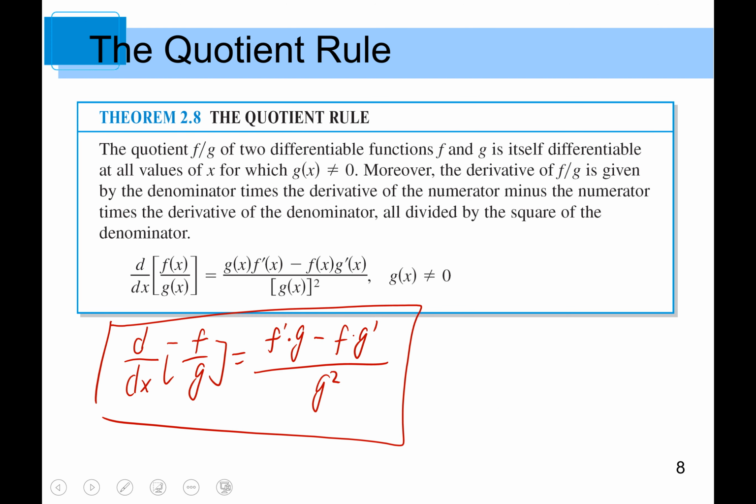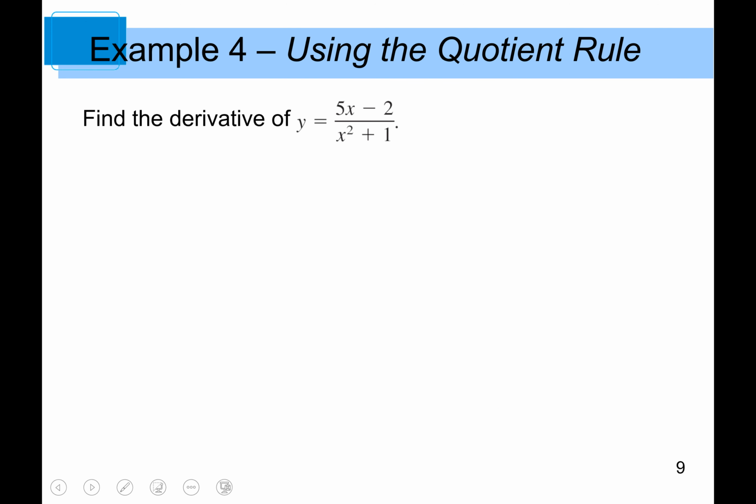So let's use this to solve one of the problems using the quotient rule. As you can see, the power rule is everywhere, so make sure you can apply the power rule properly because it's very, very important. Okay, so here we assume this is f, and that's going to be g.